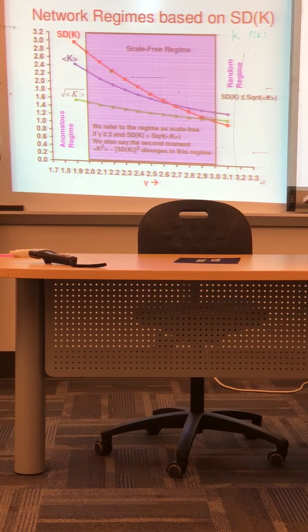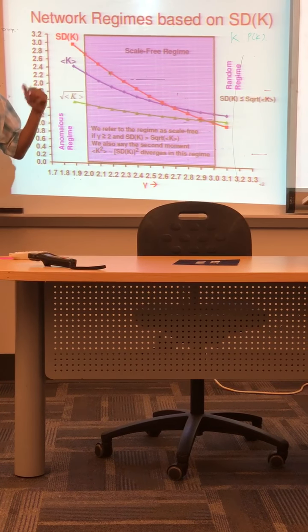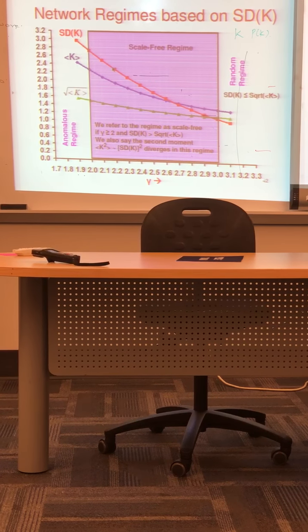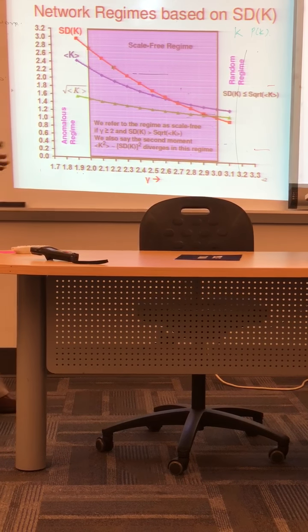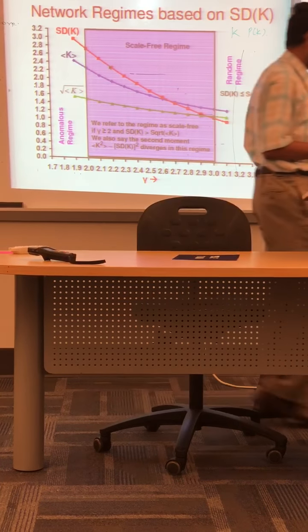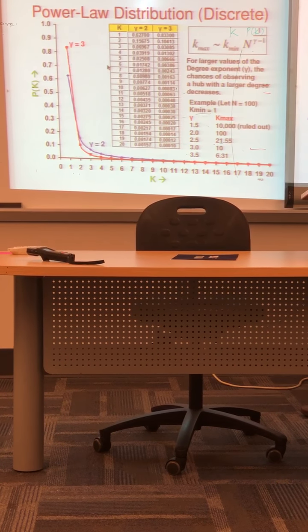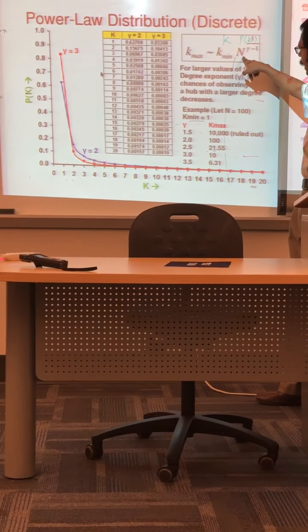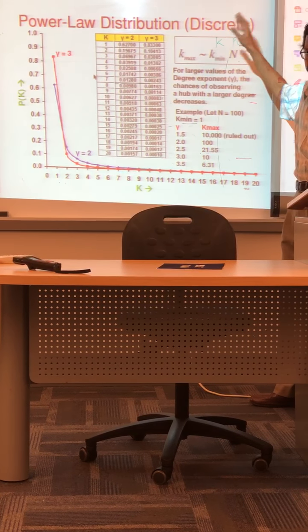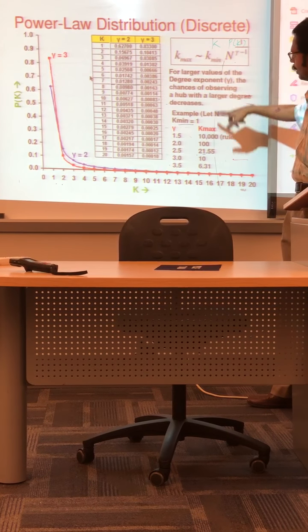And why is it anomalous? We saw last time in the analysis, the formula, where if gamma is less than 2, the maximum degree can become greater than n. Remember that? Substitute for given n, and let us say k minimum is 1.